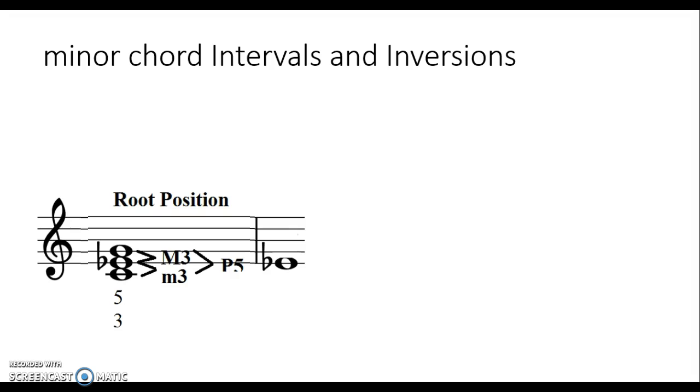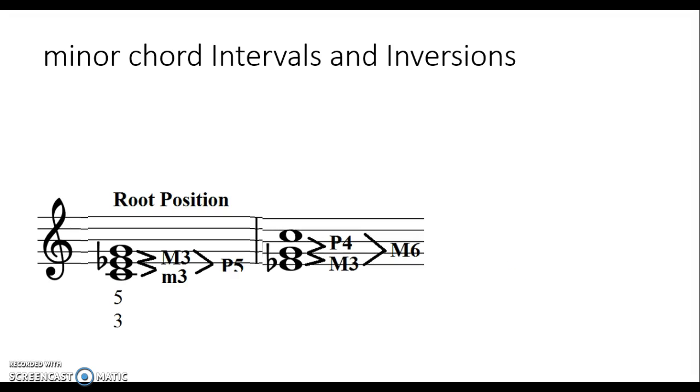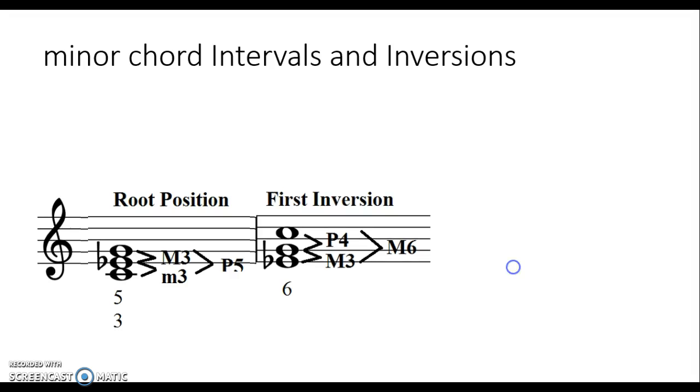For this one, you start on E flat, and then you go a major third up, which sounds like this, and then a perfect fourth above that, or a major sixth above that E flat, which sounds like this. There we go. Giving you your first inversion.